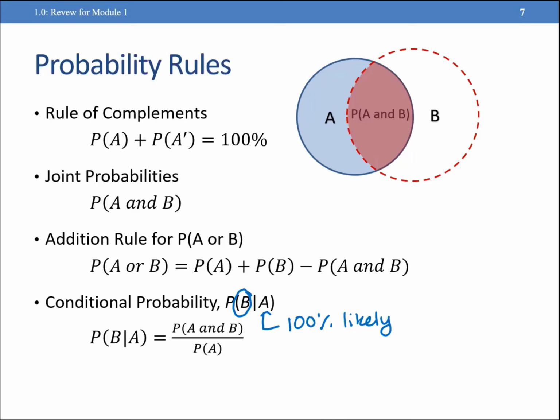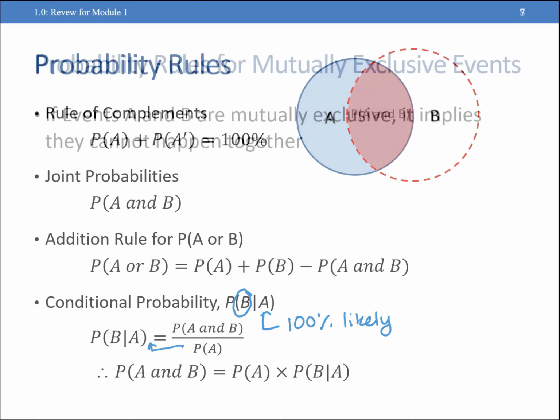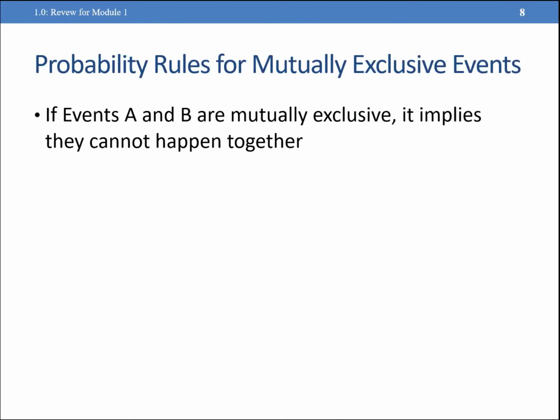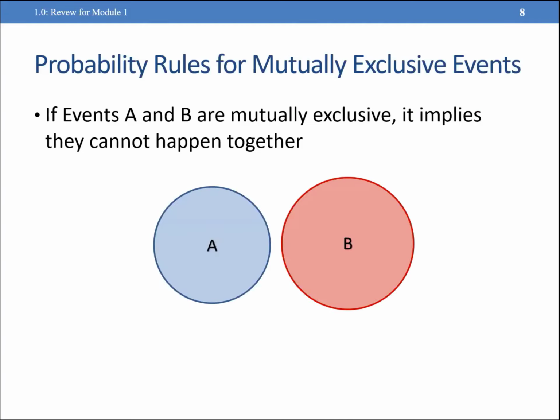Now I can rearrange this formula by multiplying up P of A, and I get P of A and B is equal to P of A times P of B given A. Now, if events A and B are mutually exclusive, what we're looking at looks like this. Remember, mutually exclusive means they can't happen at the same time. So what that implies is that the probability of A and B happening together is 0. It's impossible for them to happen together.